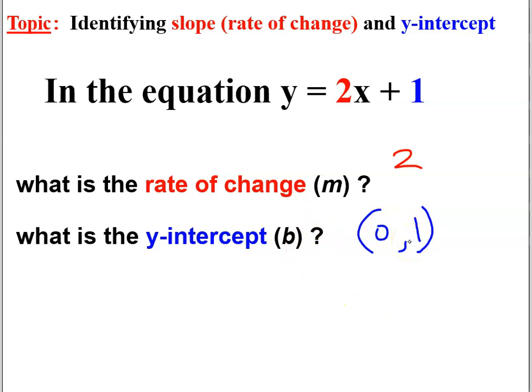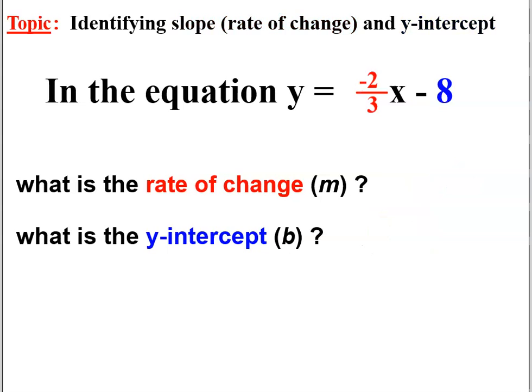The rate of change, or the slope, is always a fraction. So if you don't have a denominator, put a 1 in its place. The reason we make it a fraction is because the slope is a set of directions. It tells you how much to move, rise, and run. So you're going to move up or down, and you're going to move left or right.